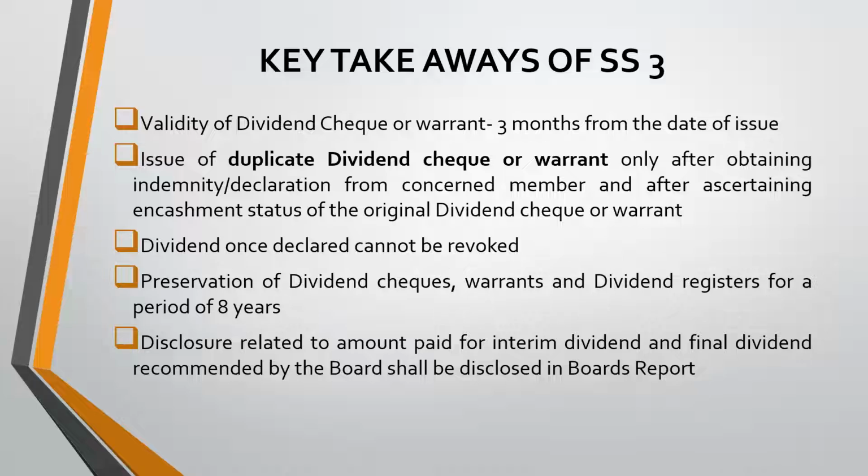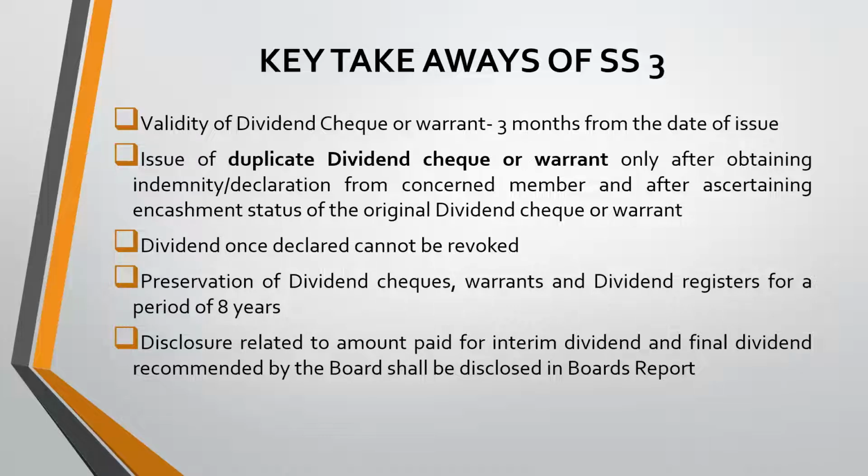So, in case the concerned shareholder requests a duplicate dividend check or warrant, the company has to make sure that proper disclosures are taken from that member, and the particulars of duplicate dividend checks or warrants are put in the register of duplicate dividend checks or warrants maintained by the company, so that it will be easier for the company to look in the future to which shareholders duplicate dividend checks or warrants were issued.